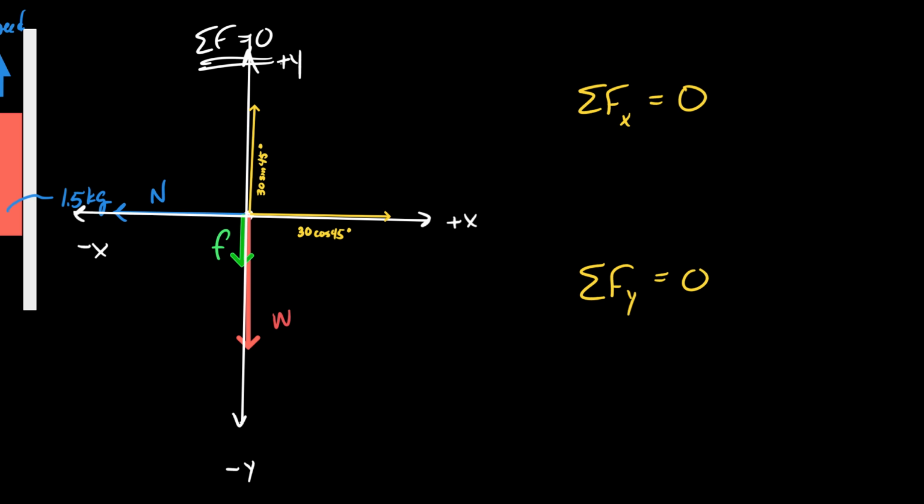Let's do x first. I've got 30 cosine 45. That points in the positive x direction. I've got normal. It points in the negative x direction. And that has to sum to equal 0. Those are the only ones that are pointing left and right.